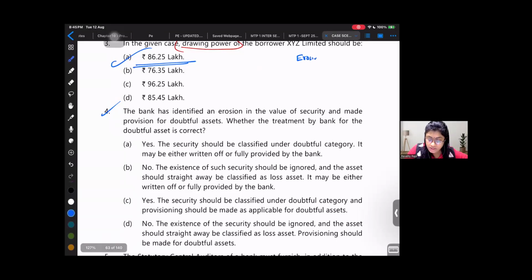Erosion has two conditions. If realizable value of security is less than 50% of original security value, then it will be doubtful. Second, if realizable value of security is less than 10% of outstanding amount of loan, loss.